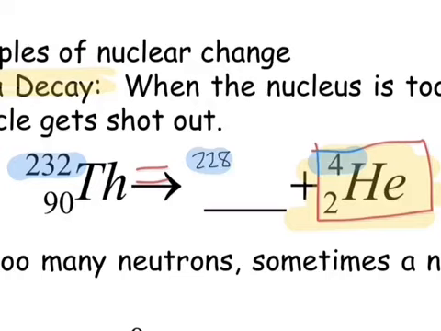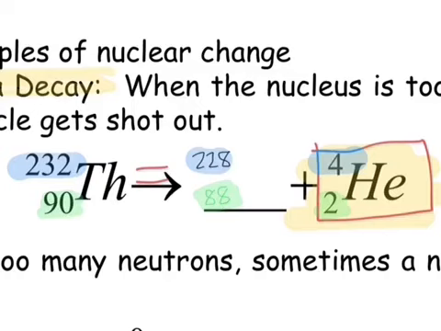And I do the same thing with the atomic number. My atomic number down here is 90, so something plus 2 has to equal 90. Well, I know that has to be 88. And I look up at my periodic table, and remember that elements are defined by how many protons they have.